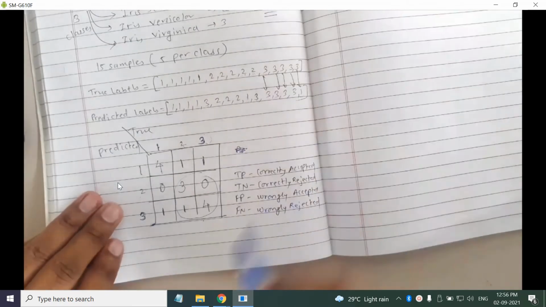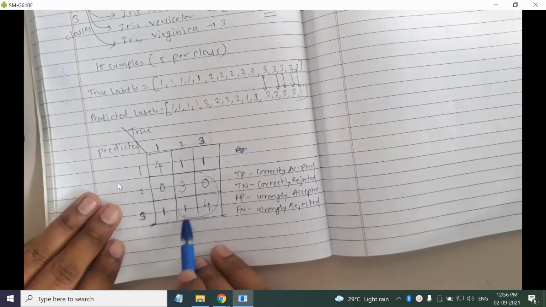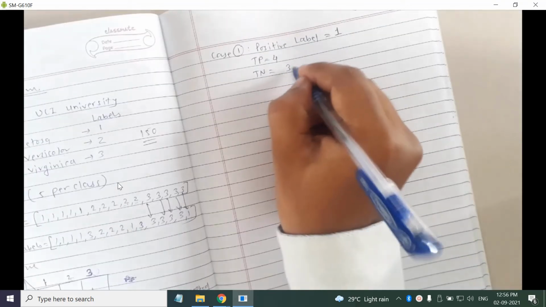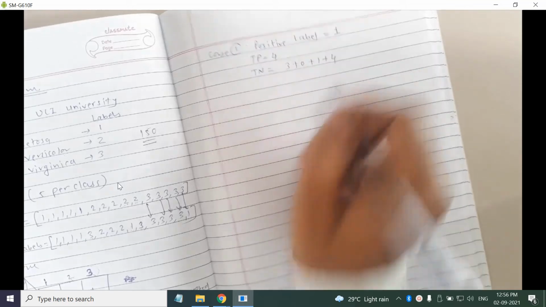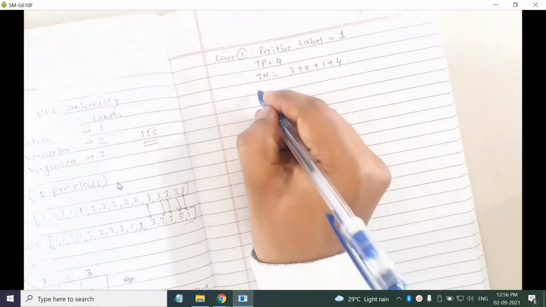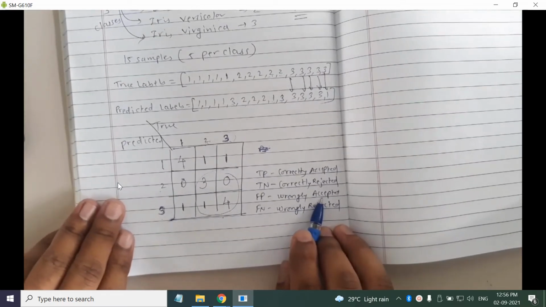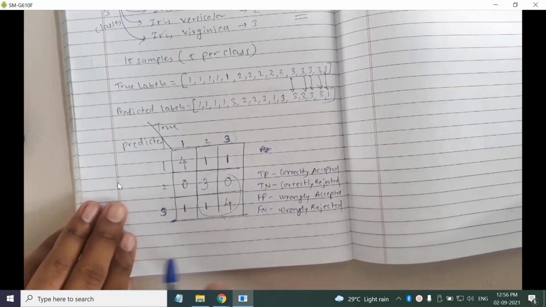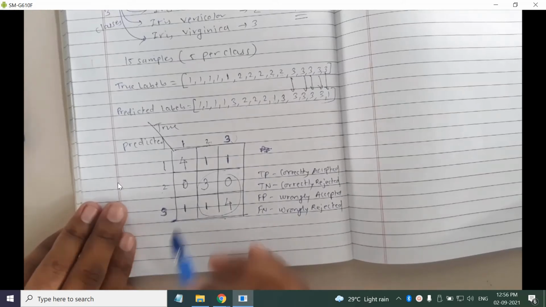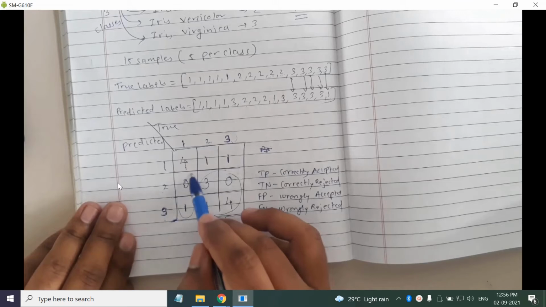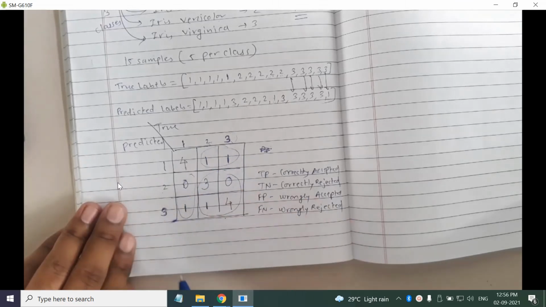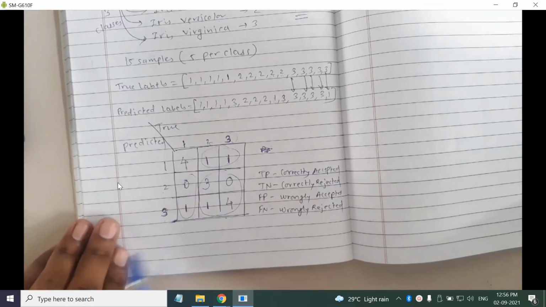The summation would be 3 plus 0 plus 1 plus 4. Then false positive, wrongly accepted. Now this is happening for which class? Is this one or this one? Vertical or horizontal pair?